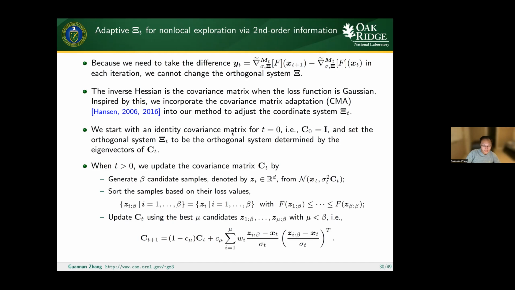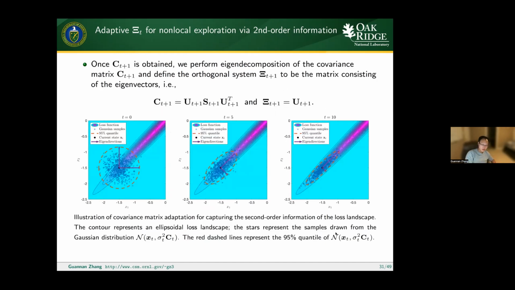If you're not familiar with that, here is just a general procedure of the algorithm, and I have a good illustration to show how to use this covariance matrix algorithm to adjust the coordinate system that we use to define the DGS gradient. Basically, it uses a gradually updated covariance matrix. On the very left, the contour represents a highly ill-conditioned, ellipsoidal loss function.